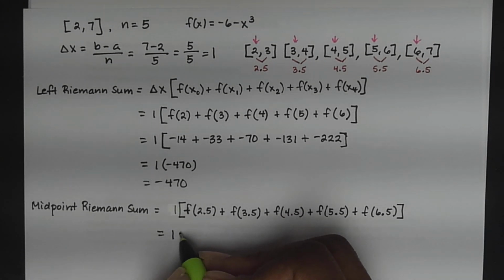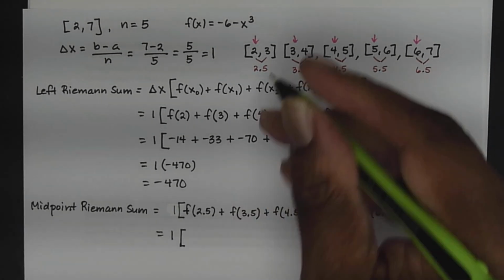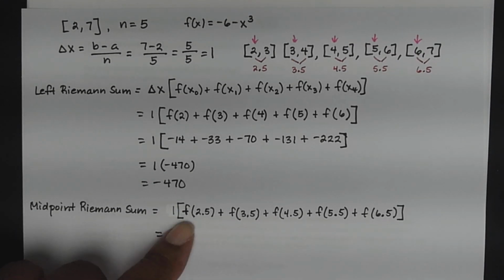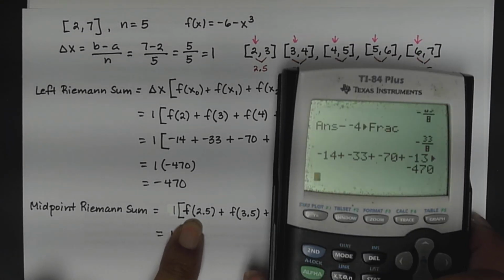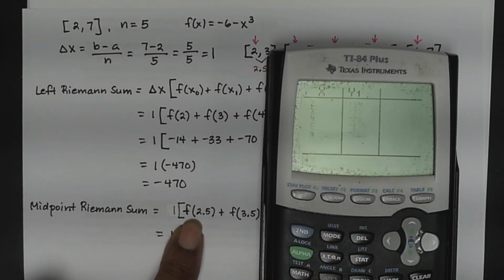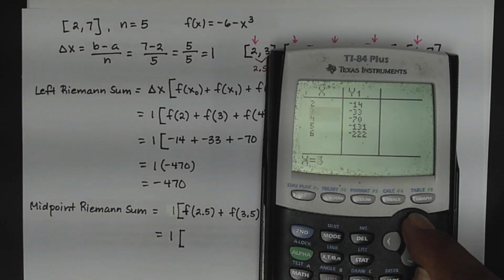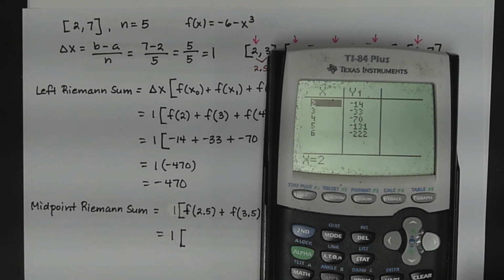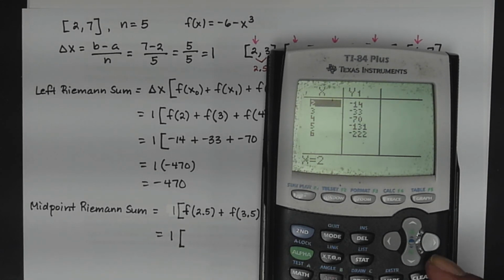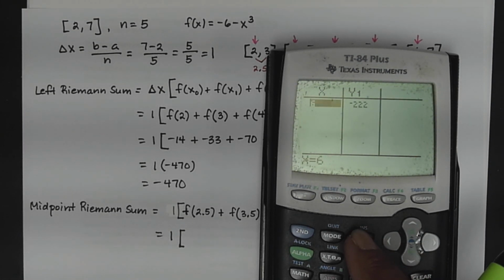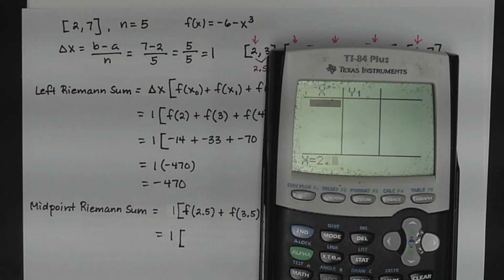So now I get 1 times. Let's find out what this value is at 2.5. So I'm going to go to second table, because I've already got everything in the calculator. So I'm going to press delete. And let's start with 2.5.